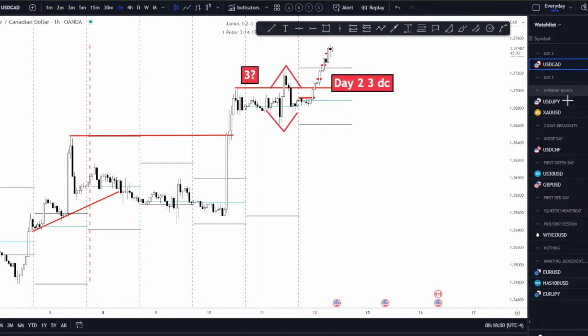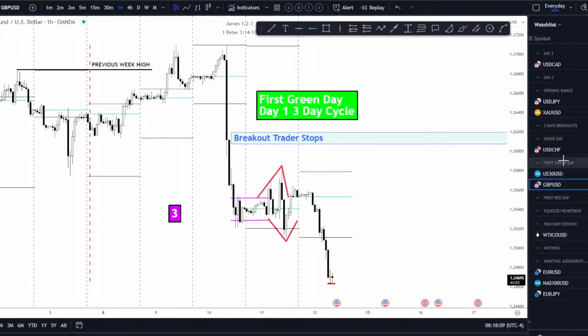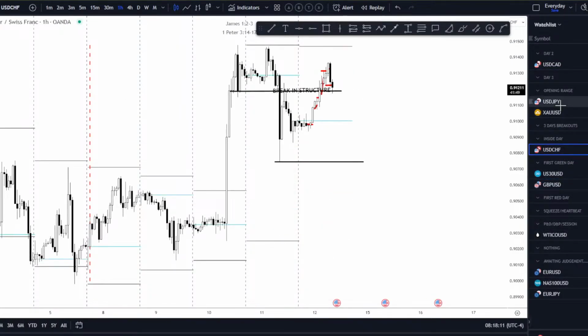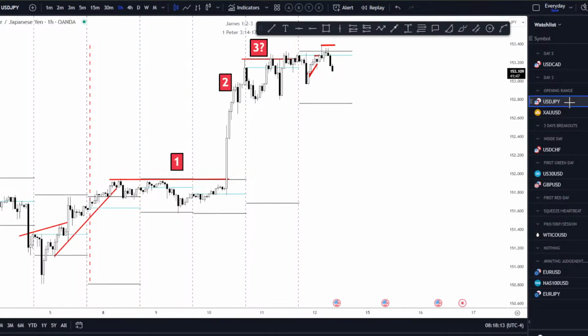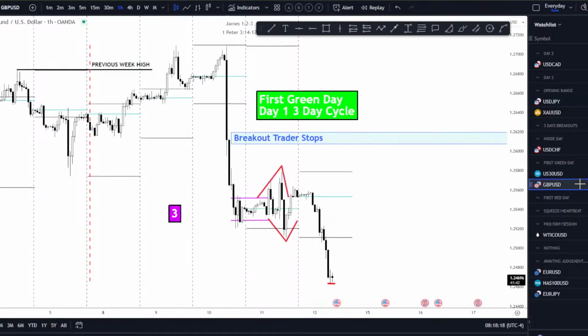As far as currency pairs go, let's do a little vote again. CAD will be 1. We'll do US dollar, Japanese yen is 2. And we'll do the pound dollar as 3. You all cast your votes. 1, 2, or 3.